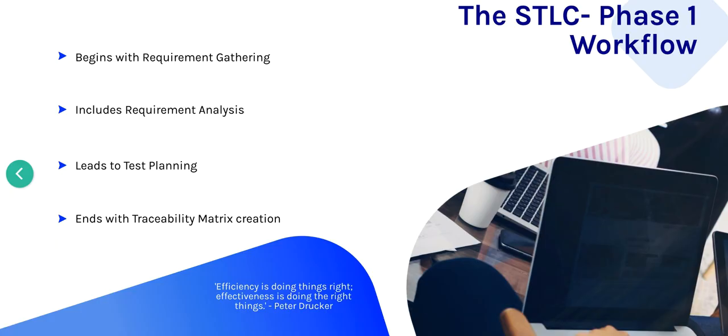This phase naturally transitions into test planning, where the scope, approach, and resources for testing are outlined based on what's been learned. Finally, the phase wraps up with the creation of the requirement traceability matrix, ensuring every requirement is accounted for and will be tested. This structured workflow ensures that testing is built on a clear and accurate understanding of what the software must do, setting the stage for quality delivery.